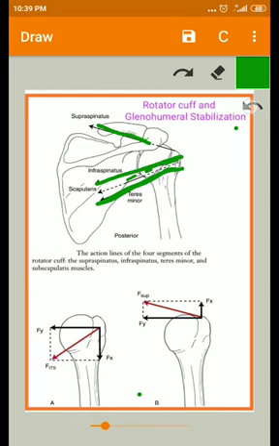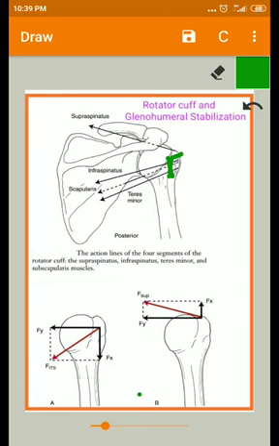in the way they act, and these are referred to as a cuff because all the fibers blend together. So from the supraspinatus to the subscapularis and the teres minor, all the fibers blend together, forming a cuff on the superior aspect of the glenohumeral joint, and give joint stability superiorly.